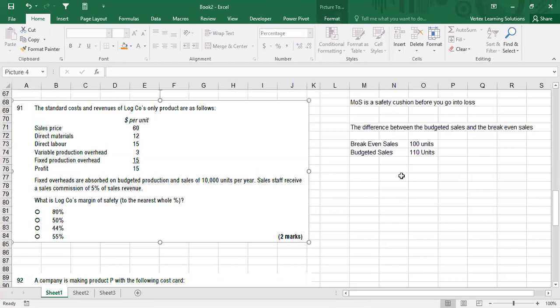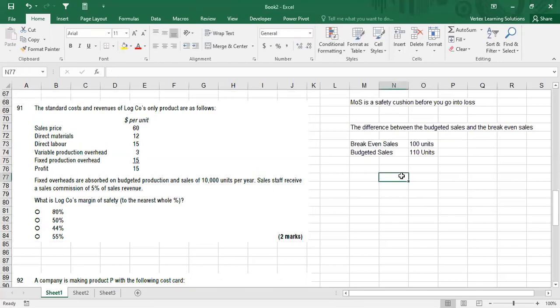Now let's do question number 91 very quickly. It says that the standard cost and revenues of Log Company's only product are as follows. And by the way, margin of safety is a topic of CVP, and CVP has single product break even and multi product break even.